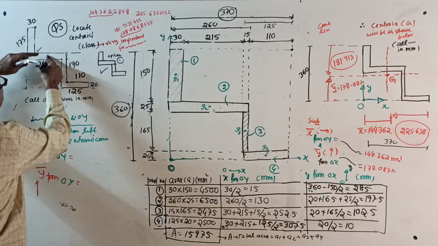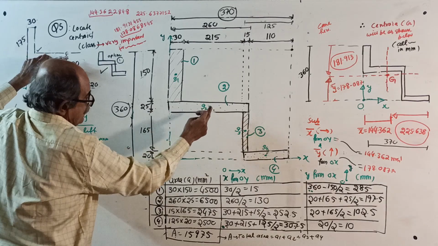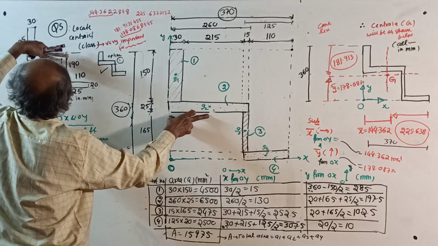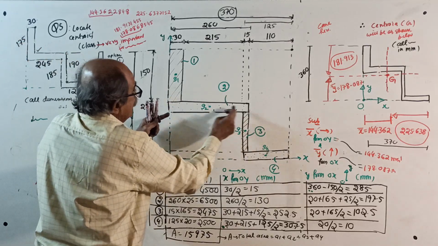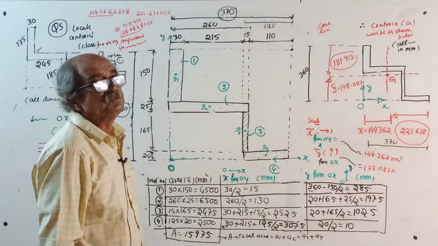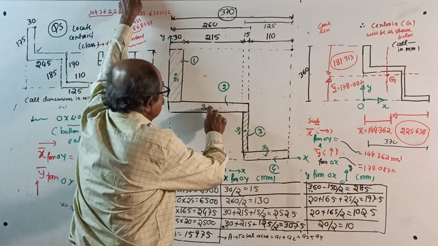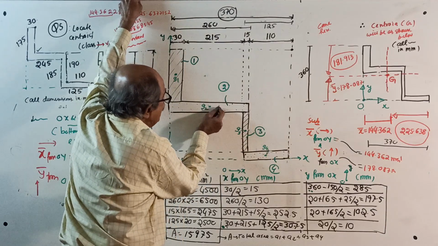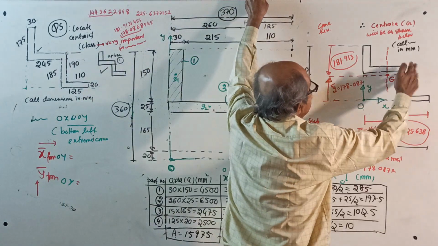From here to here is 245, and the center of this rectangle is half of it, it is not 245, sorry. This full rectangle is 260. Half of 260 is 130. So it will cross this point because 144 came, its center is here, slightly that side. So I shifted that side.